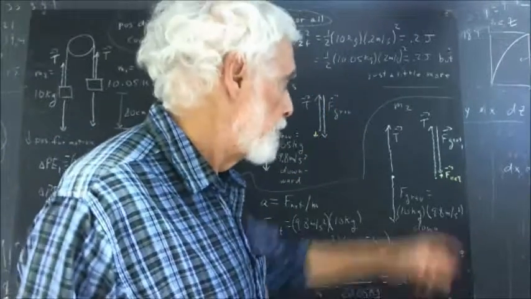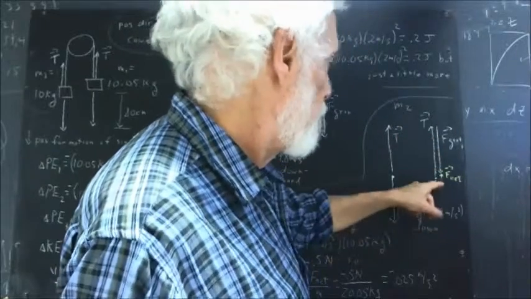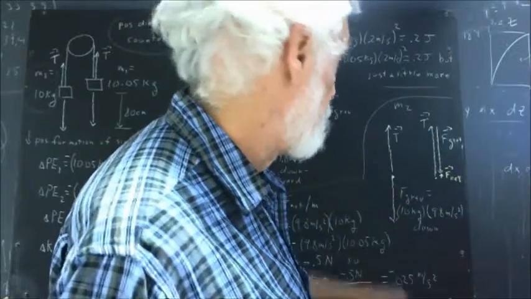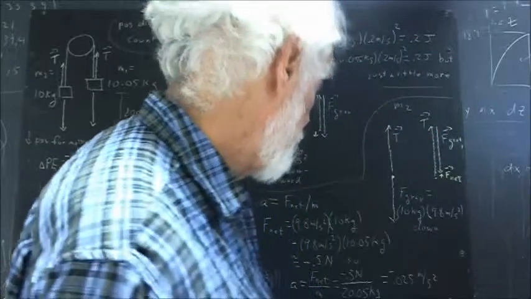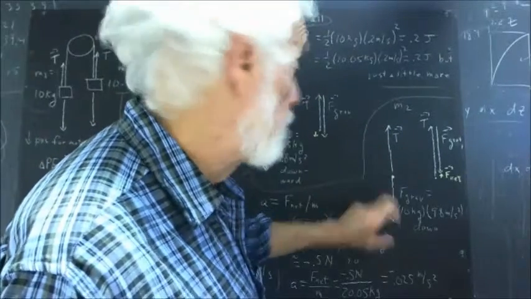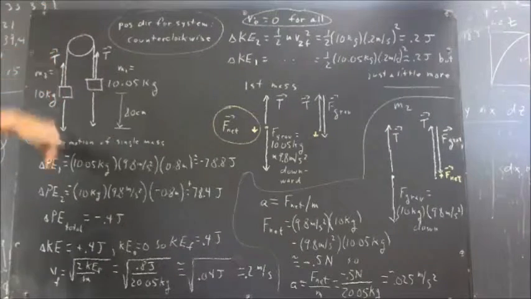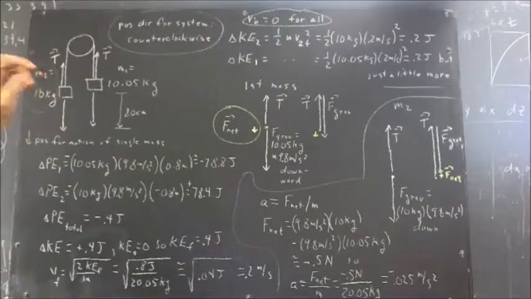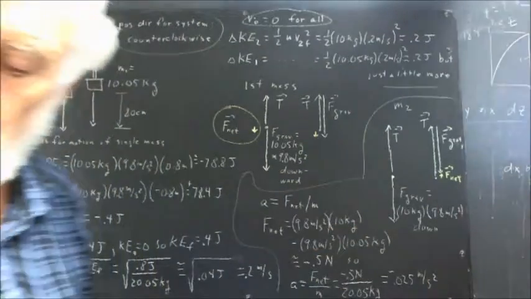If we put our tension and our gravitational vectors together, they're going to have to give us a net upward force, meaning the gravitational vector has to be shorter than the tension vector, meaning that the tension has to be bigger than the gravitational force. That's pretty obvious, otherwise the thing wouldn't go up. If you don't have more force pulling up than you have pulling down, then it isn't going to go up, is it? Okay, so there's the picture for the second mass.